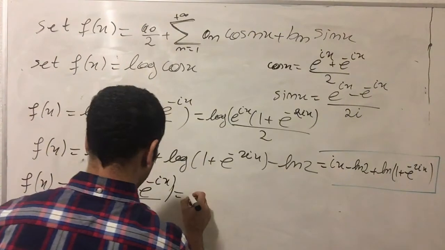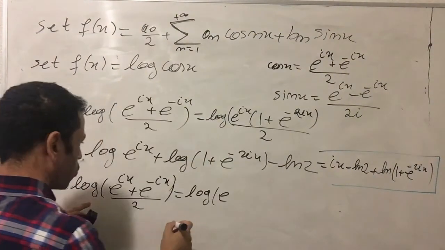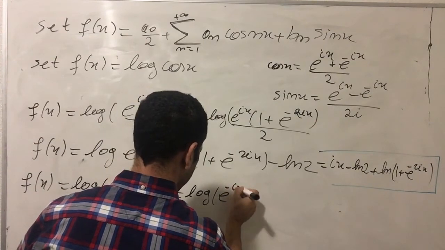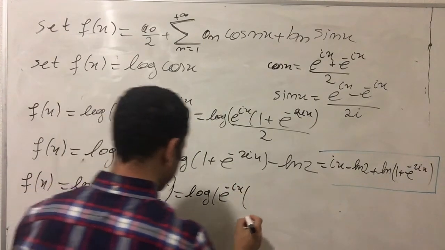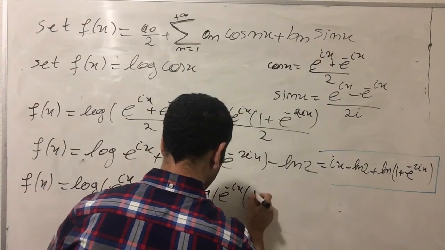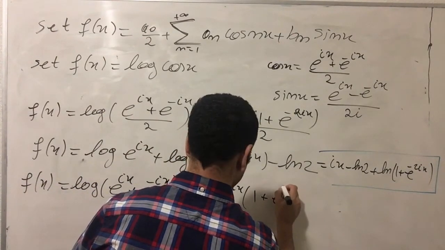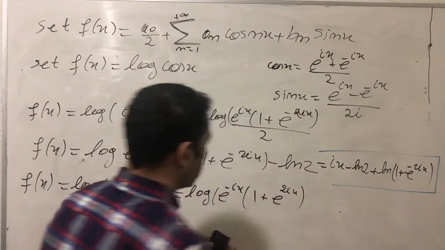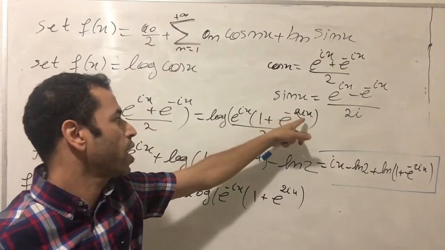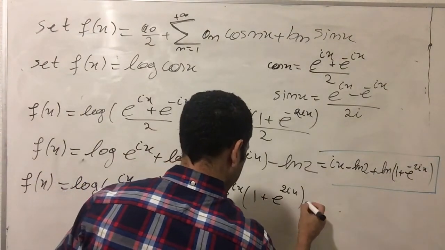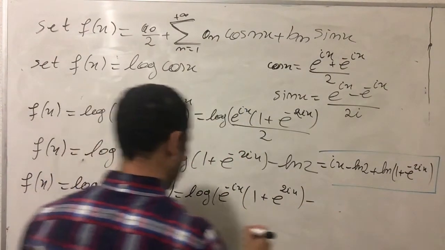So I will have natural log of e to the minus ix multiplied by 1 plus e to the 2ix. Here I have minus 2ix, you see this difference? Then minus natural log of 2.